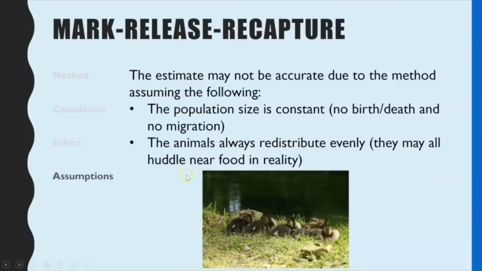And that might be because it's near a food source, it might be near a water source, it might be just a location that provides better shelter from the weather or from predators. And that's what we can see here, our little ducklings, they're all huddling close to the lake or the river because that's where they're going to have their water source and their food source. So those assumptions are the reasons why the estimate that you get from this method is not always that accurate.